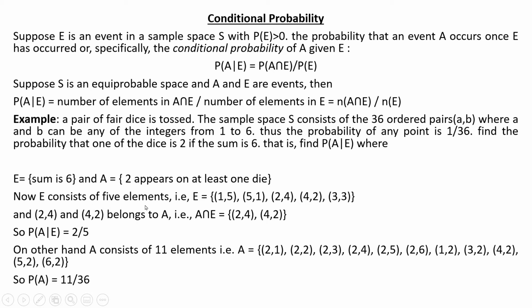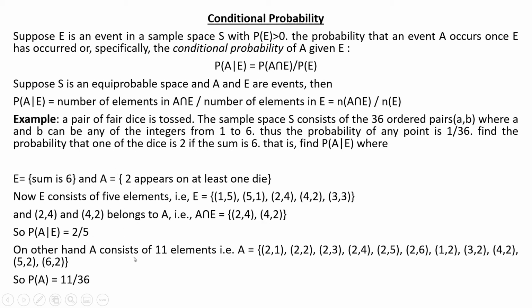Now E consists of 5 elements, that is sum is 6, so we have 5 choices: (1,5), (5,1), (2,4), (4,2) and (3,3). And (2,4) and (4,2) also belong to A. So A intersection E is (2,4) and (4,2), total 2 outcomes. So probability of A given E would be 2 by 5.